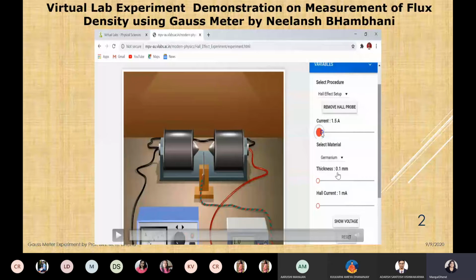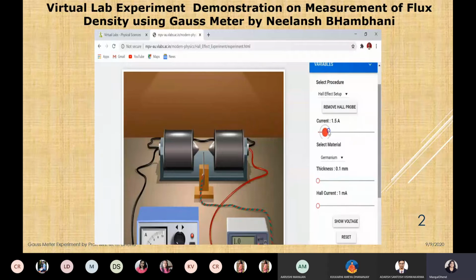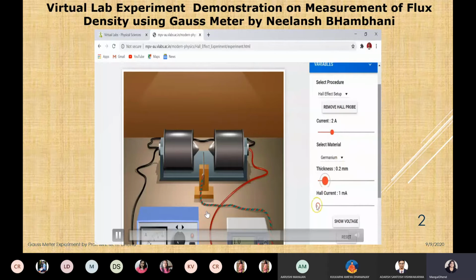Then you can vary current and thickness. Okay, just see. 2 amperes. Thickness of 0.2 mm. Material germanium. Hall current 1 milliampere. Then the voltage will be 28.75.